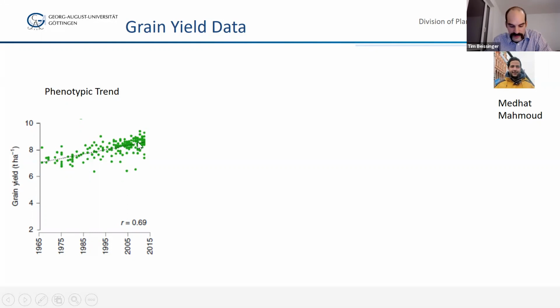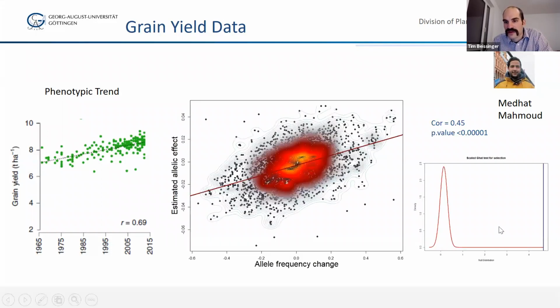And this is consistent with what we all know and expect of breeding. And Medhat applied Ghat, and sure enough, found very significant evidence of selection on grain yield in wheat. So this is consistent with what we would expect and not a huge surprise.